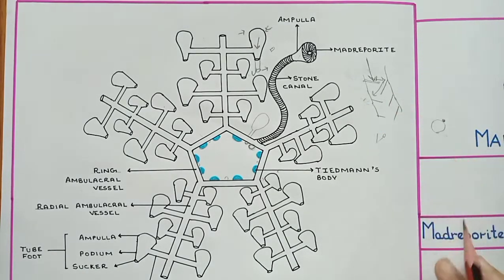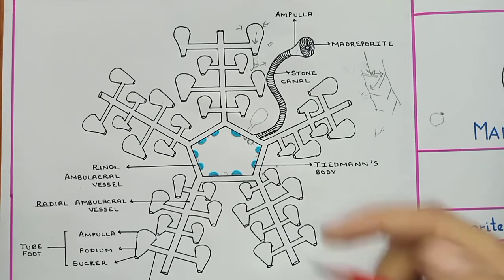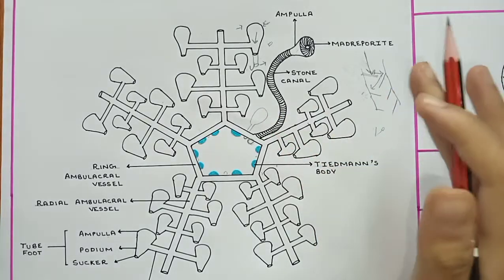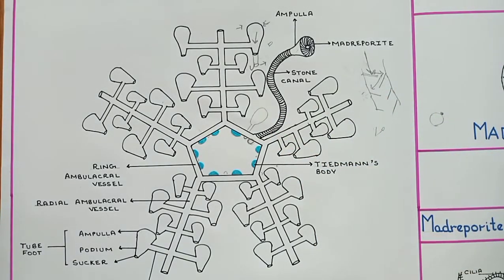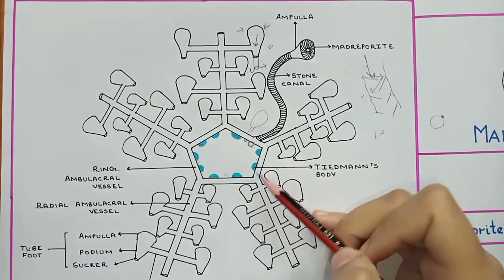The function of these Polian vesicles, as I said, is producing amoebocytes for defense, and the second function is to store water. It also acts as a regulator for hydrostatic pressure.